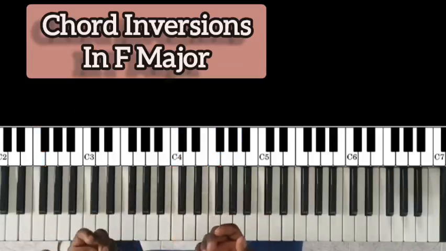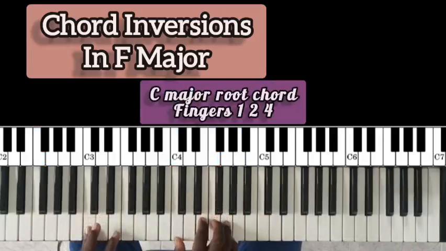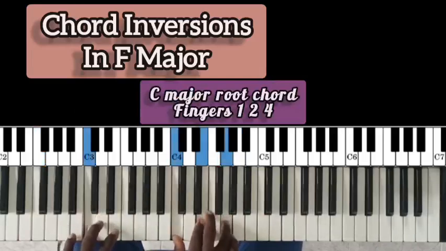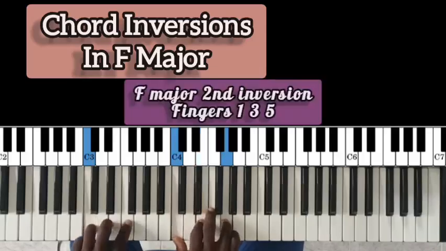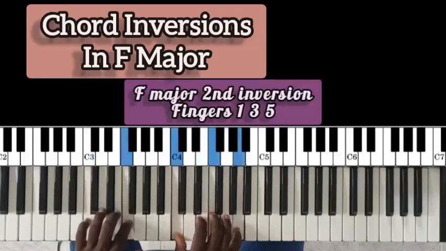The advantage here is that if I play C in root with 1, 2, 4, I can switch to F major first inversion with just 1, 3, 5 whilst maintaining my thumb at the same position.